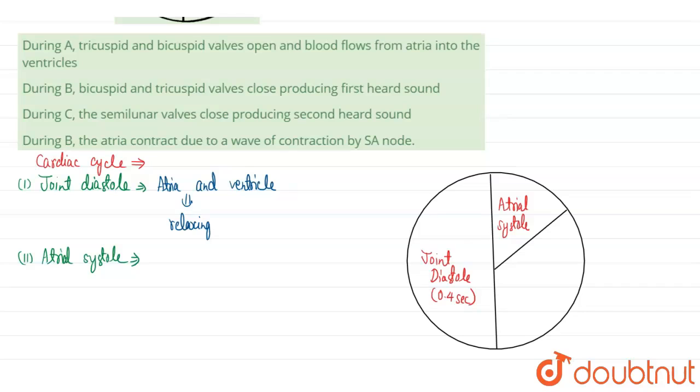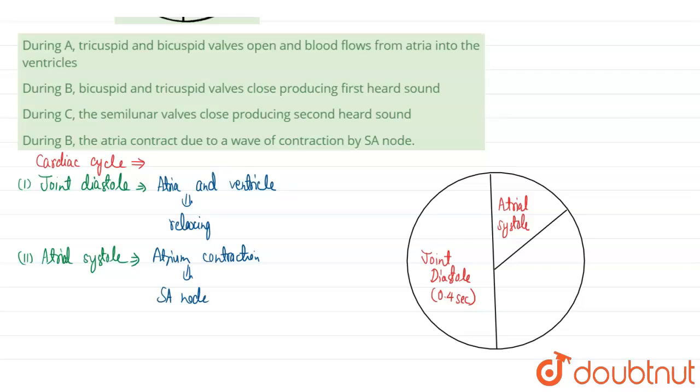During this phase, basically only our atrium contracts, and this contraction is due to the SA node. The SA node, which is also known as the pacemaker of the heart, gives commands to the atrium for the contraction. So here our B will represent the atrial systole.